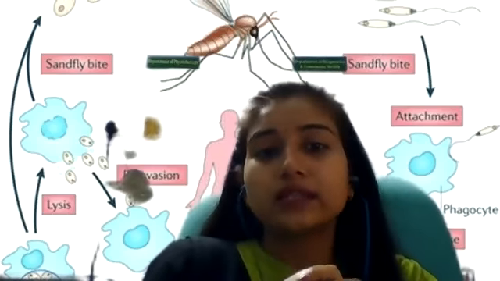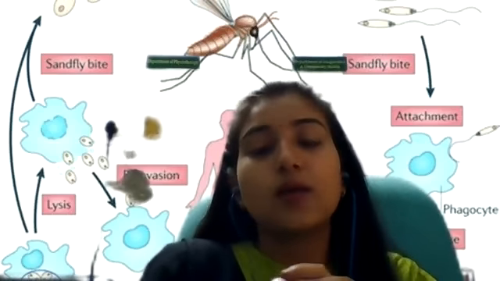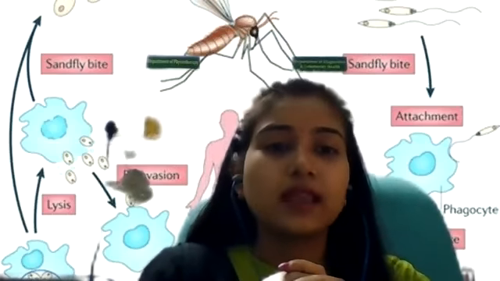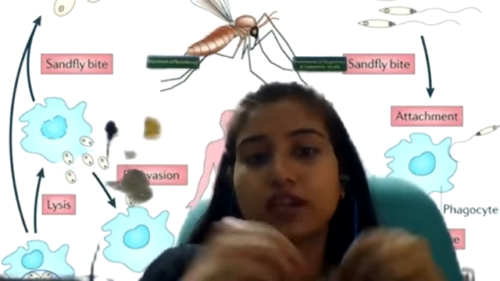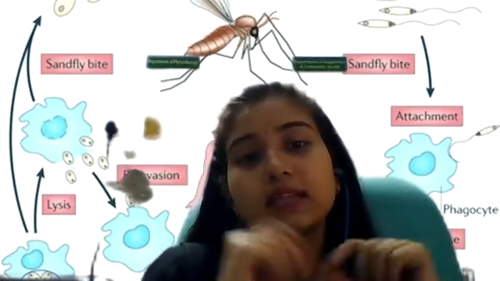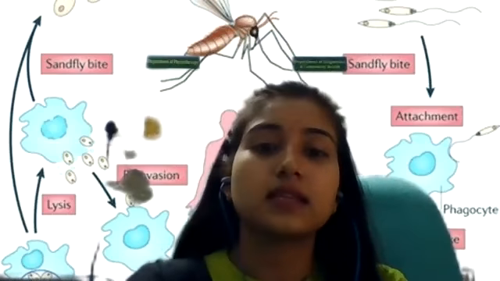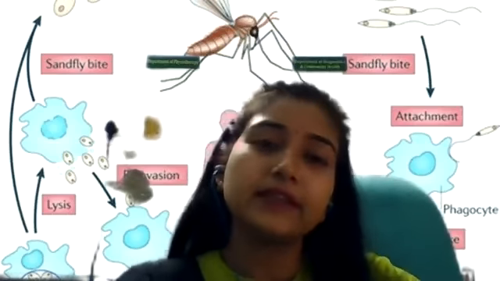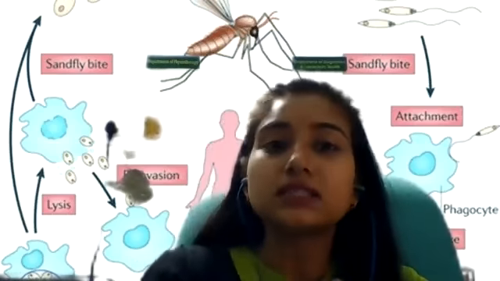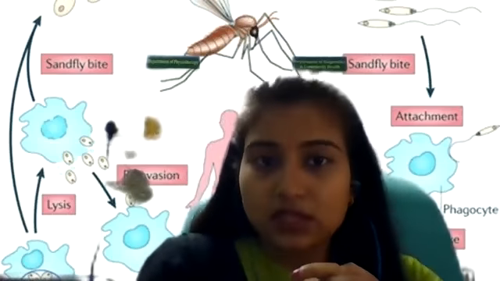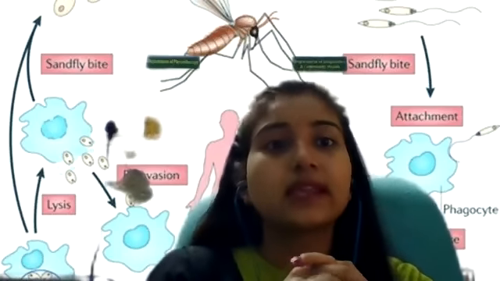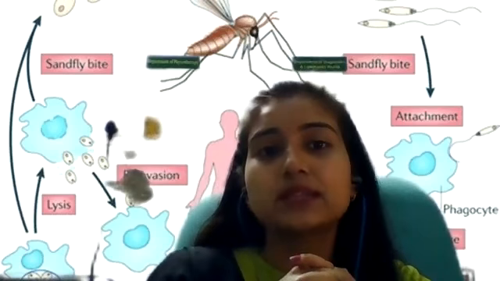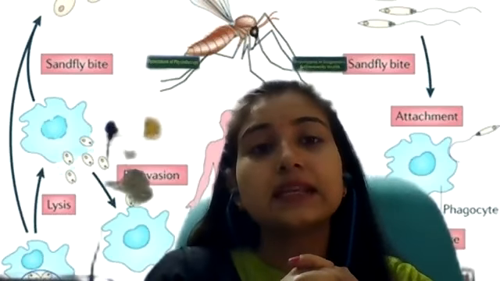In the sandfly, they occur in the promastigote form with a spindle-shaped body and a single flagellum arising from the anterior end.